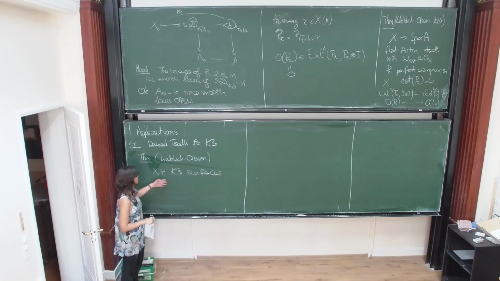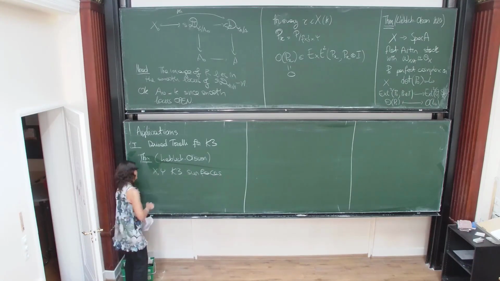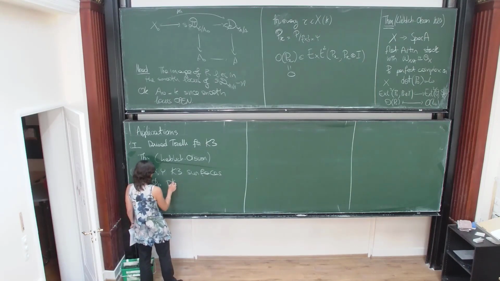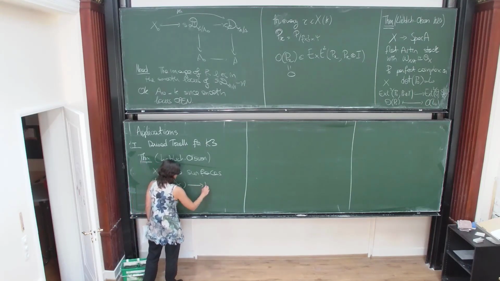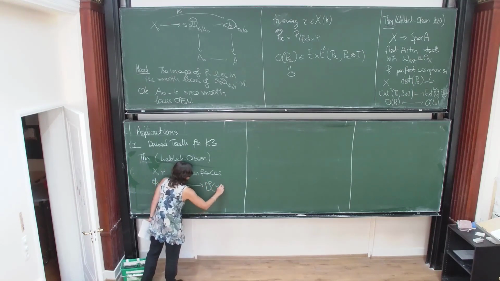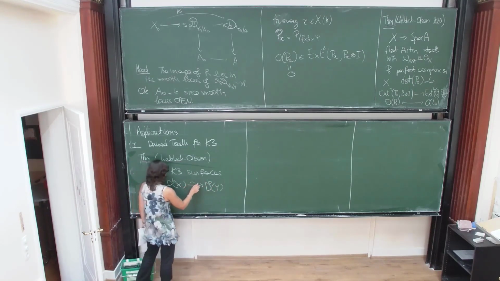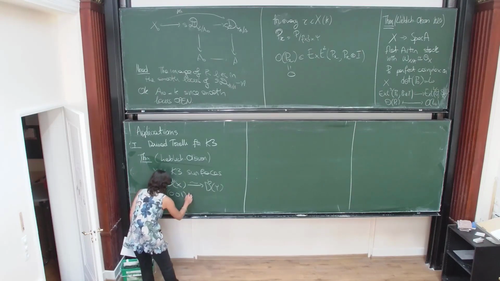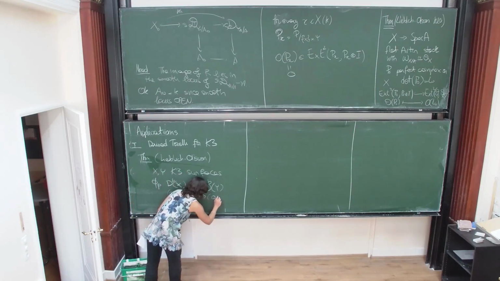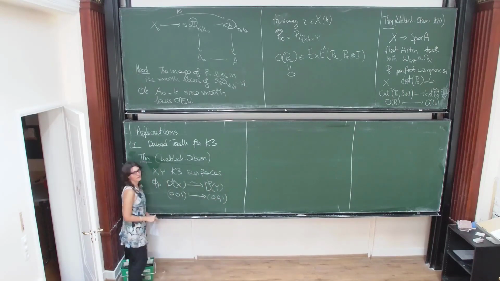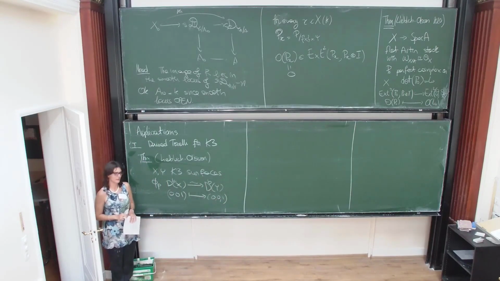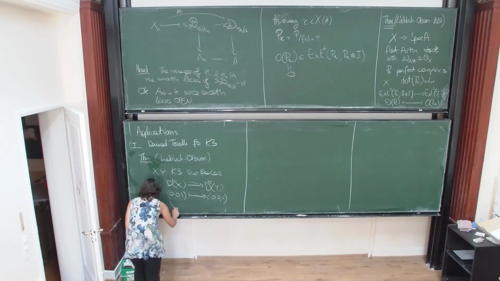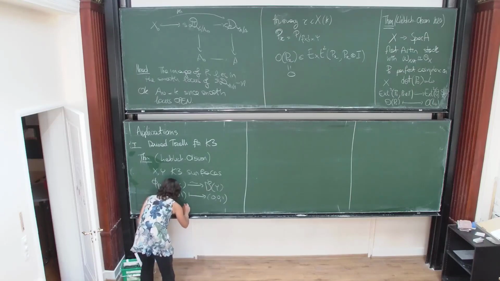Actually, you don't need to assume that Y is a K3 surface. It will be a K3 surface, as soon as I say that there is a derived equivalence between X and Y, that I will abuse notation. In cohomology, if we send the Chern character of a skyscraper sheaf to the Chern character of a skyscraper sheaf, then X is isomorphic to Y.